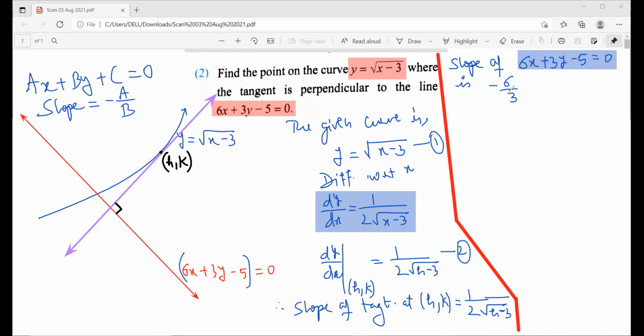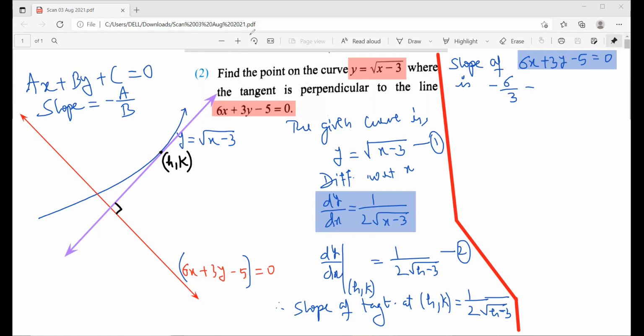So here we got the slope of the line, that is minus 2. Now see, students, the slope of this line is minus 2. The tangent which is in the question is perpendicular to this line. So what will happen?